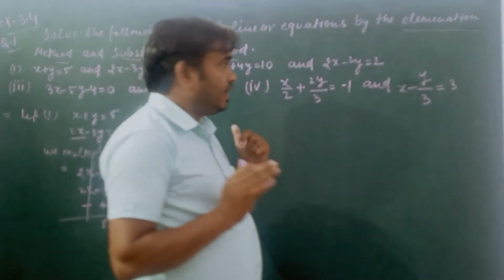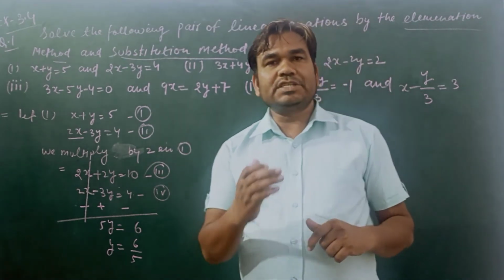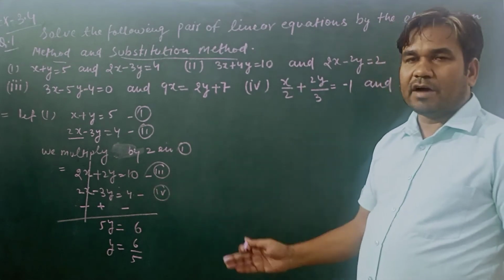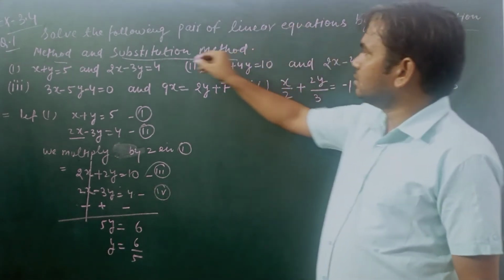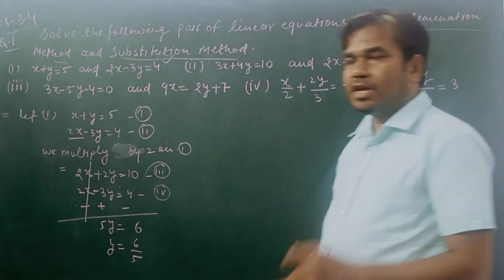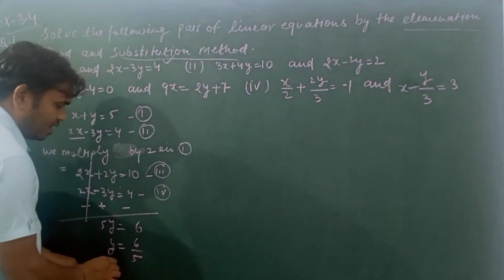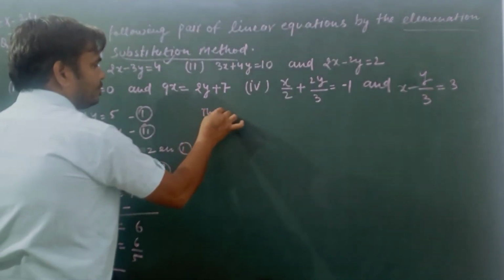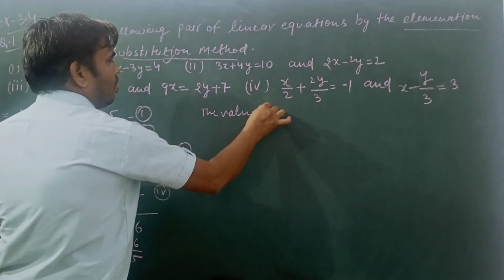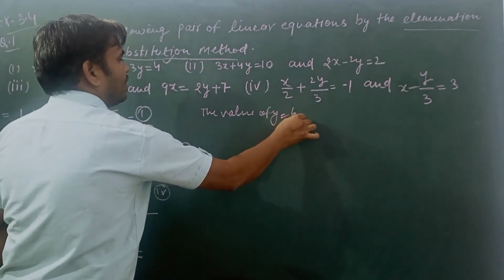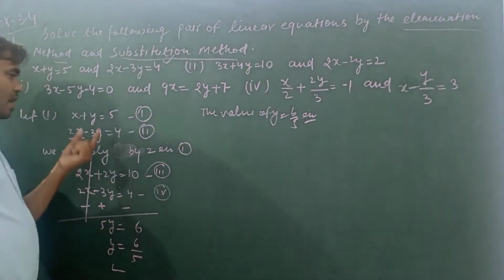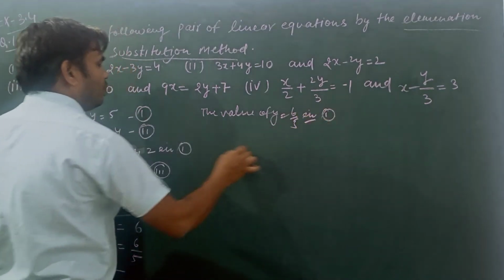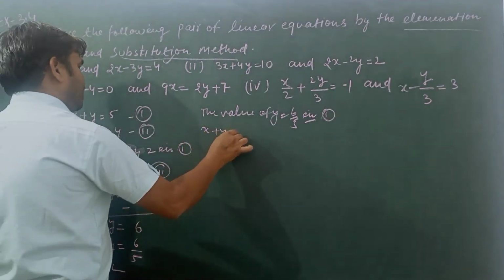Students, according to the question we first eliminate a variable, and after that we use substitution. So we put y equal to 6 over 5 in any equation. Let me take the first equation, x plus y equal to 5.